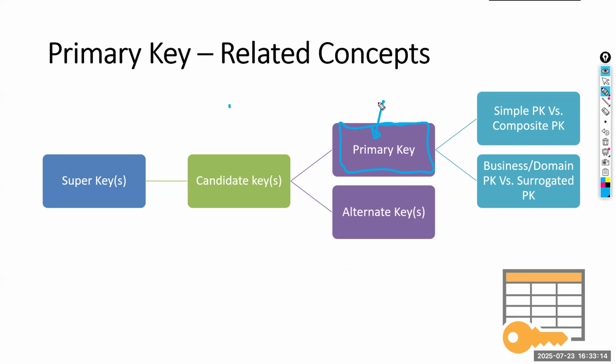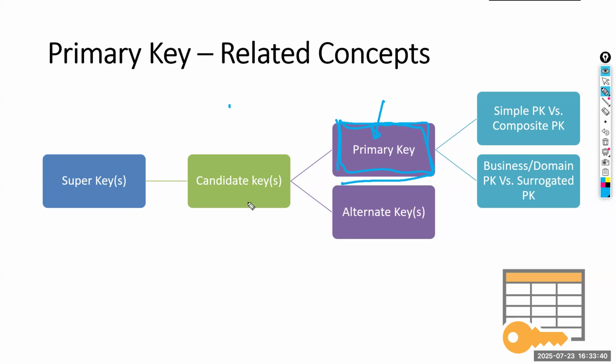But in English, primary has two meanings. One is yes, like primary school. The second meaning is primary means main. So therefore here primary key means the main key, major key.